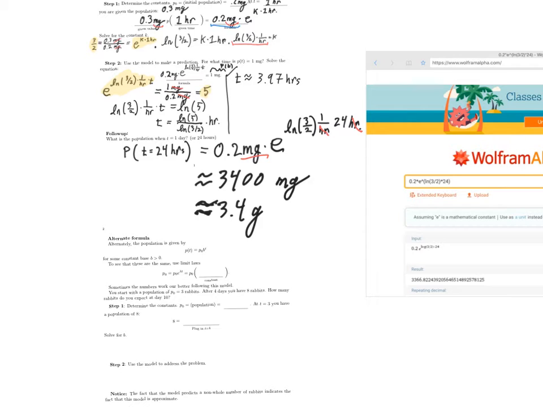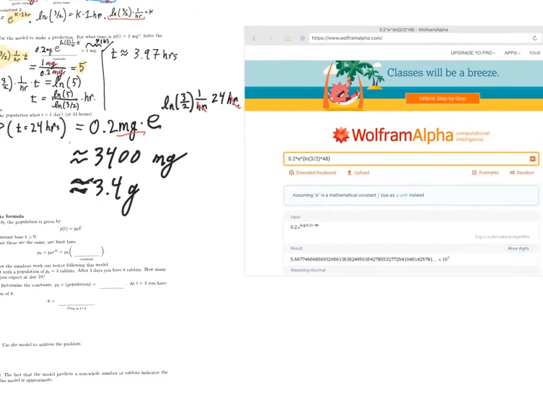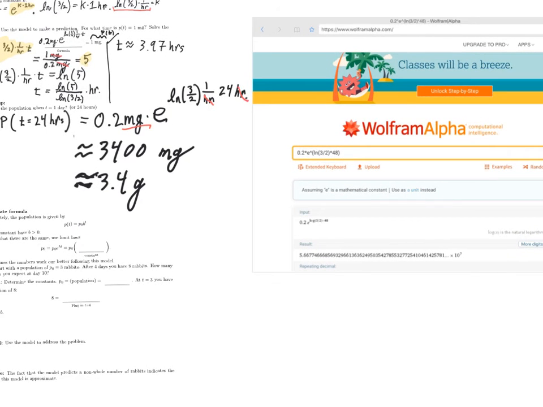In fact, let's go ahead and do that. I'm not going to go aside for this. So if I waited another day, I would wind up with a number times 10 to the 7th. So it would be on the order of, 1,000 is 10 to the third, so 10 million, 50 million milligrams.